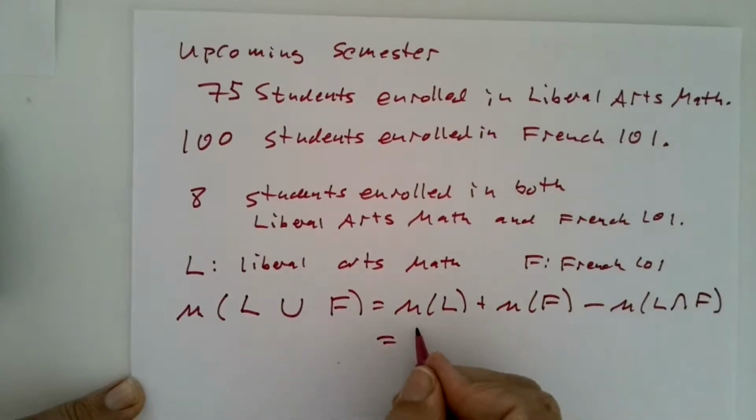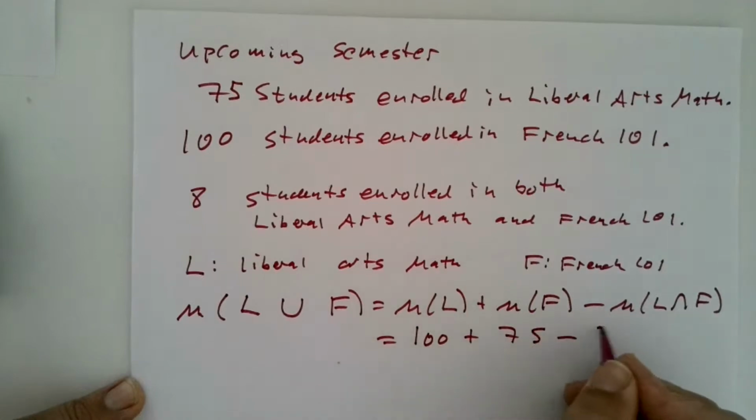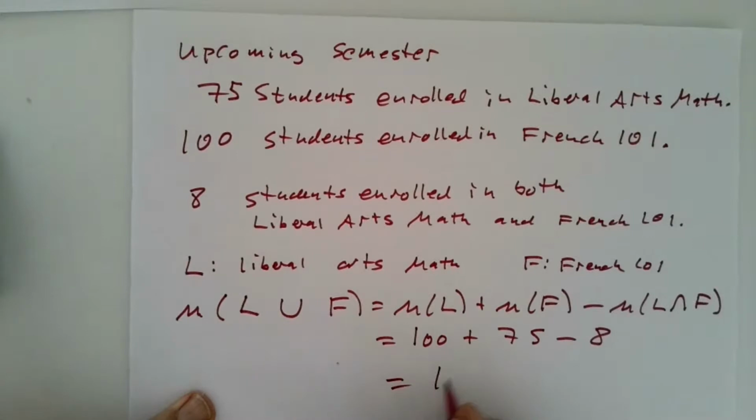That gives me 100 plus 75 minus 8. Because the overlap's been counted twice. 100 plus 75 minus 8 gives us, what is that? Total of 167.